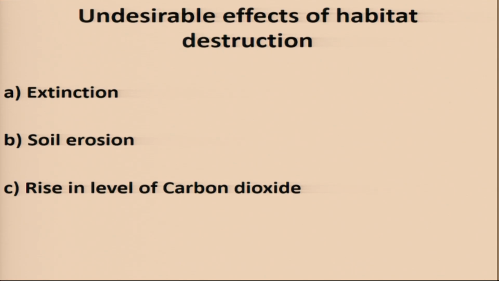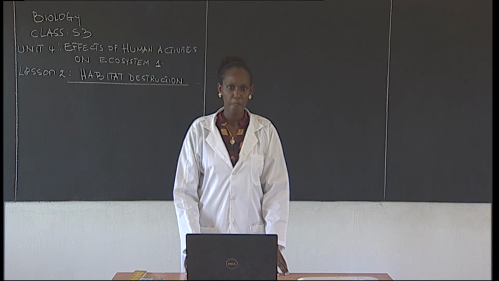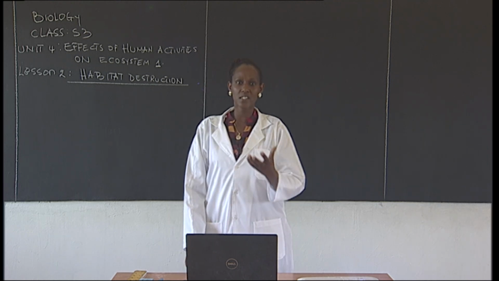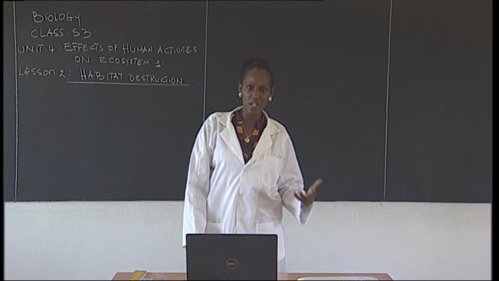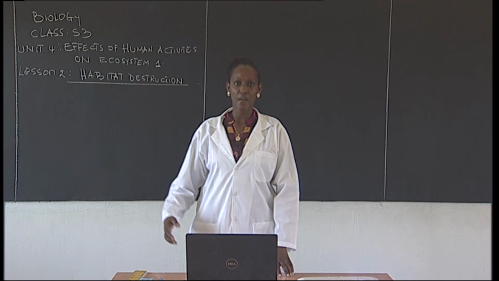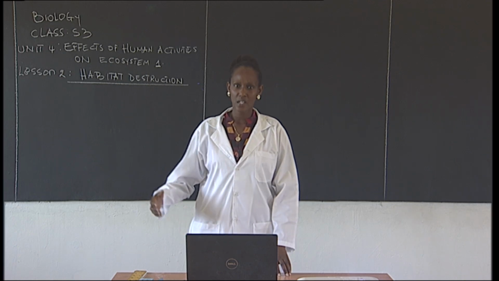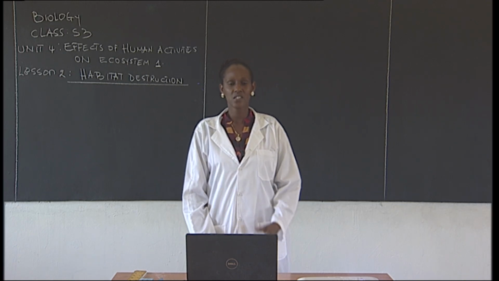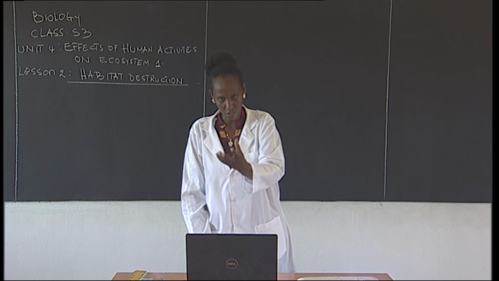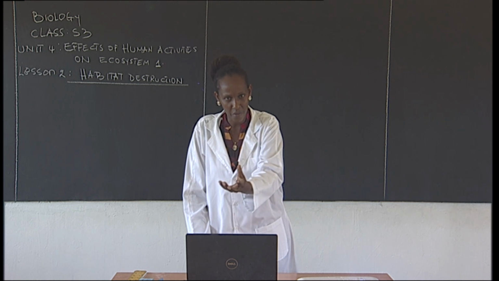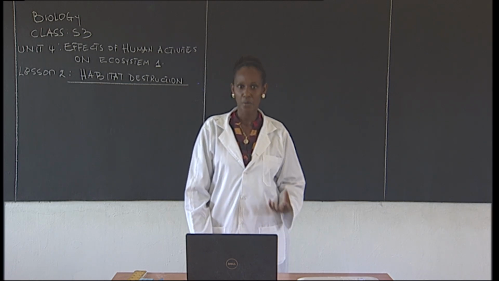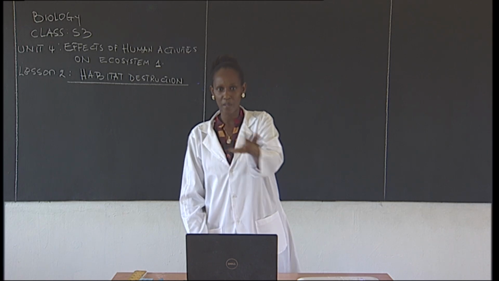When we say the rise in level of carbon dioxide, it means that when there is destruction of those plants, sometimes by burning them, by cutting down. You see, these plants absorb carbon dioxide. The carbon dioxide we breathe out, plants use for photosynthesis. Now, it reaches an extent where there are no plants.